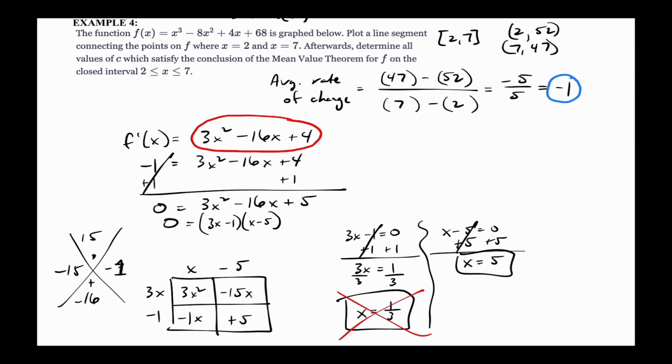So when x is equal to 5, at that point, it'll have a derivative of -1. If I was to find the derivative and plug in 5, I'd get -1 as an answer. They'd have the same derivative. That's what the mean value theorem says. That's the point on the graph where I was going the same speed as my average rate of change.